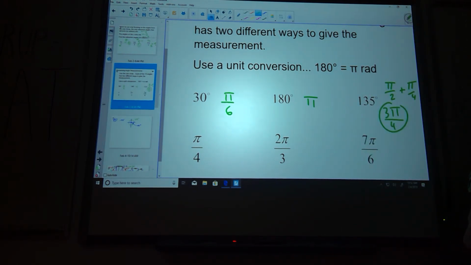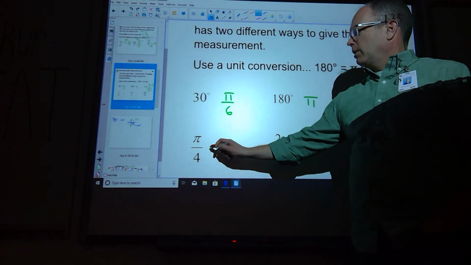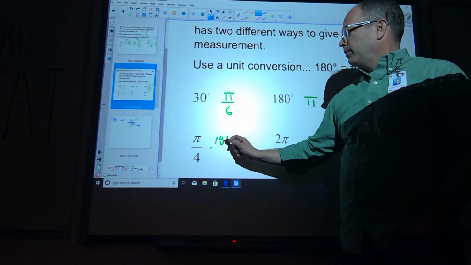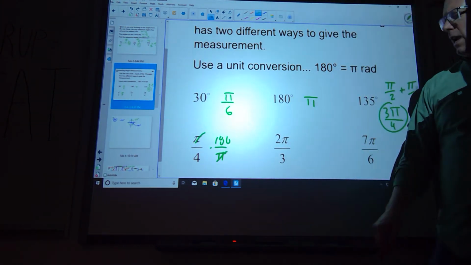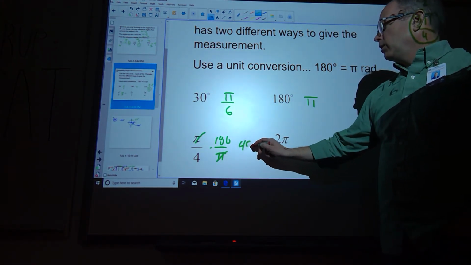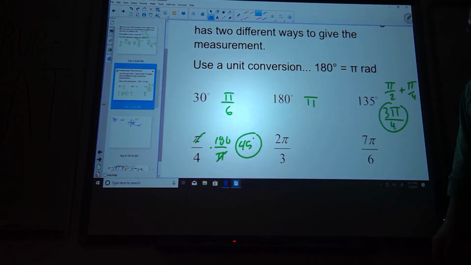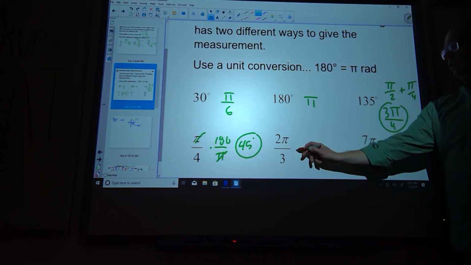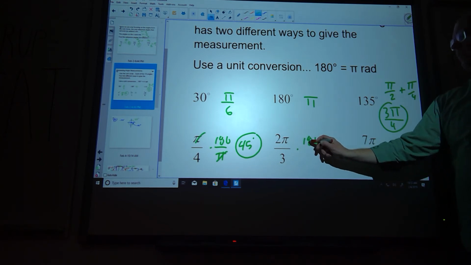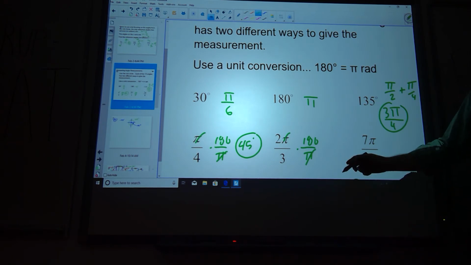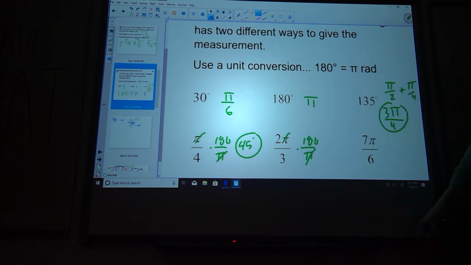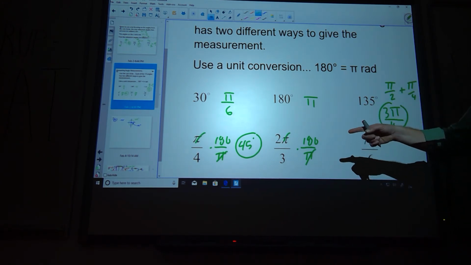We want to put it into a degree amount. So I'm going to multiply that by 180 over pi. Cancel, cancel. 4 goes into 180 45 times. 2 pi over 3. So multiply that by 180 over pi. The pi's cancel. 3 goes into 180 60 times.